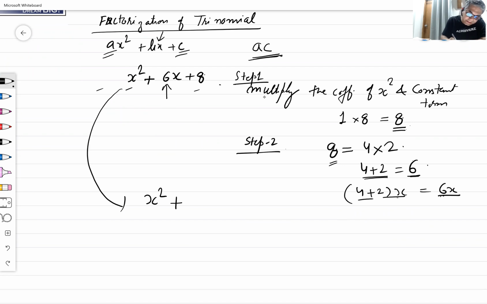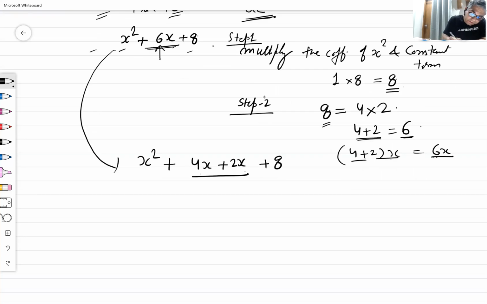So we can write it as x square plus 4x plus 2x plus 8. Look, there is no change in the equation because 4x plus 2x is 6x. The only thing is we have written it slightly differently, and the reason we are doing this is because we want to factorize this equation.